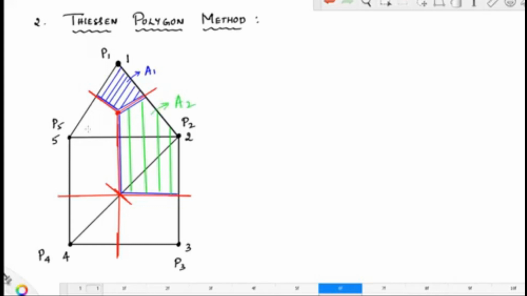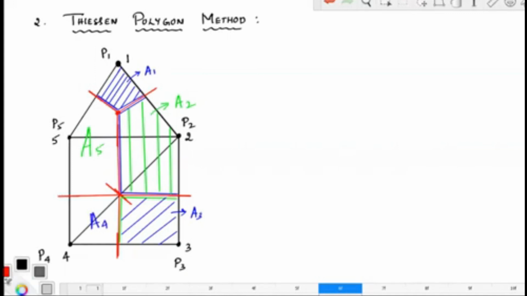This is the area for station 2. This is the area for station 5. Then area for station 3. This will be the area for station 3. This is the area for station 4.